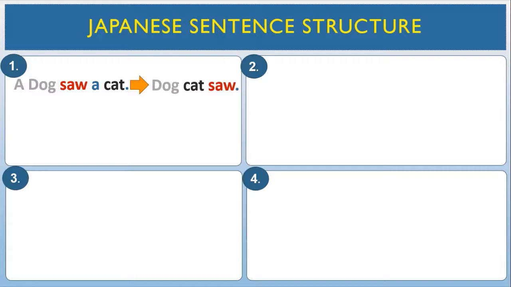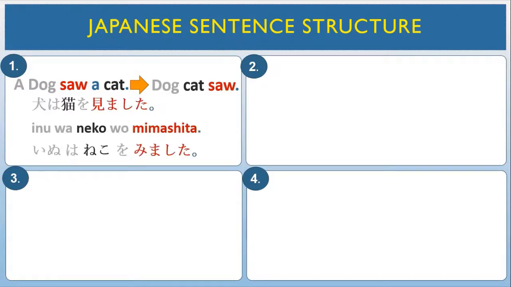So dog is inu. Dog is called inu, and this is the kanji for inu. So inu wa, this is neko. Neko means cat. Inu wa neko o mimashita.